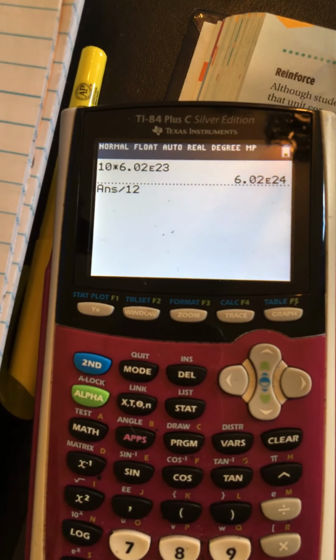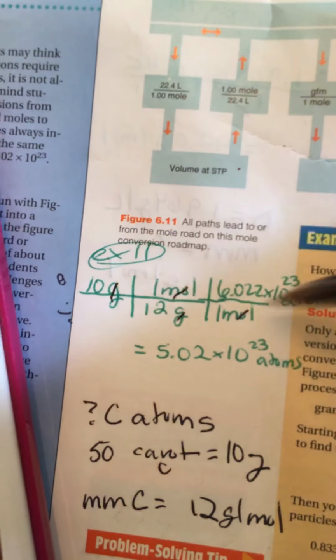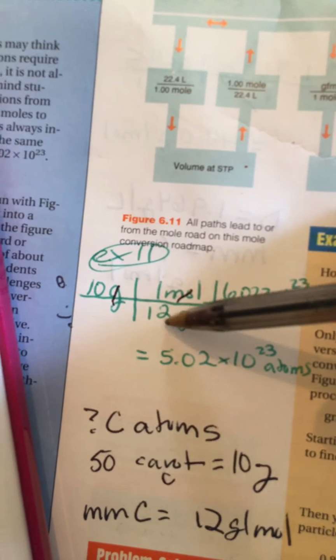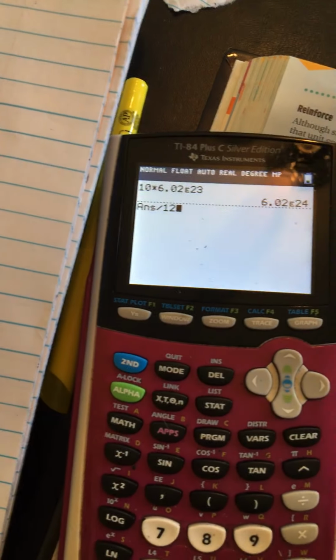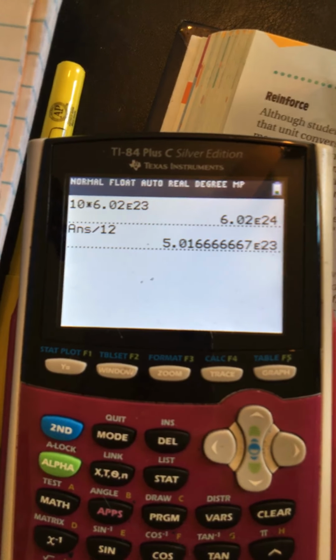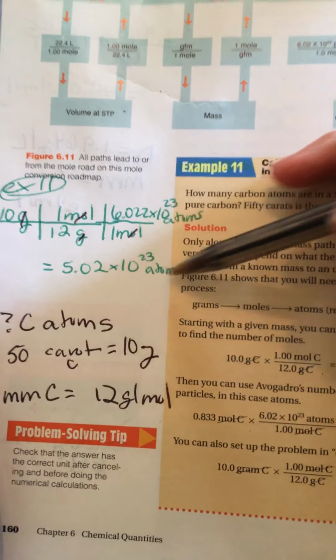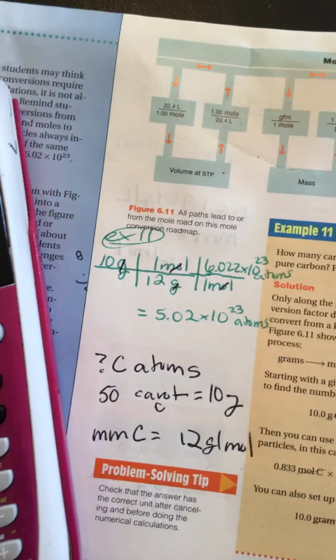The reason is your calculator has a hard time knowing what's getting divided by 12. Is it the 10? Is it Avogadro's number? Or is it both? If you hit enter first, you'll get the right answer, and it's 5.02 times 10 to the 23rd power. Ta-da! We got it. All right.